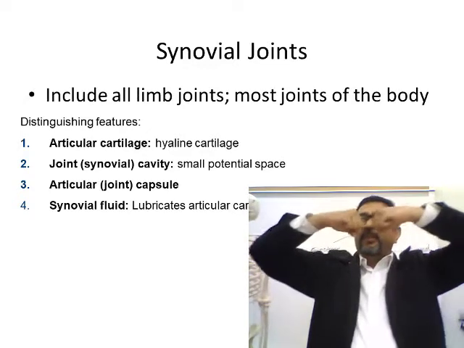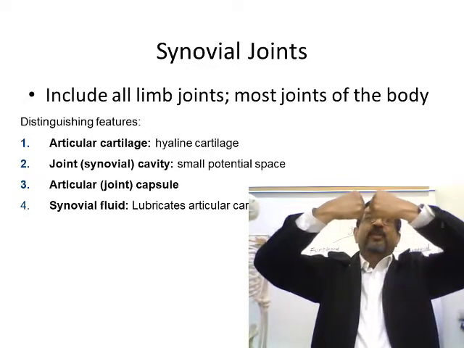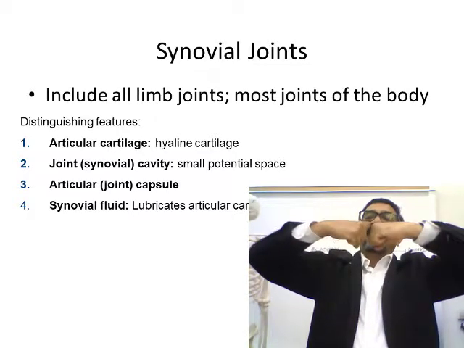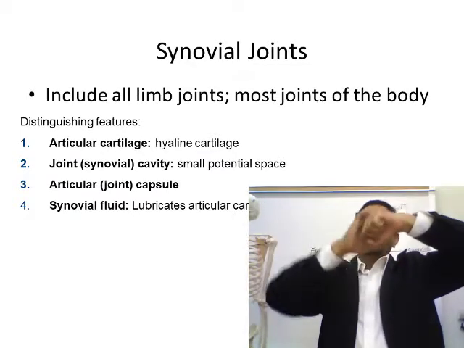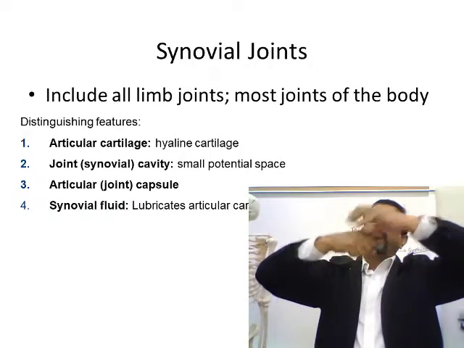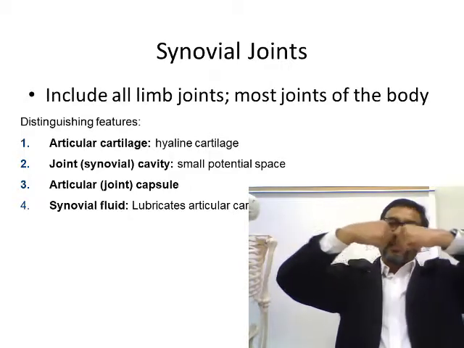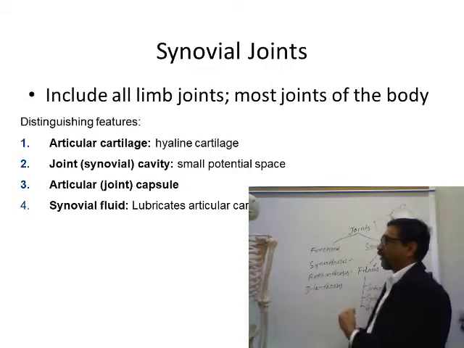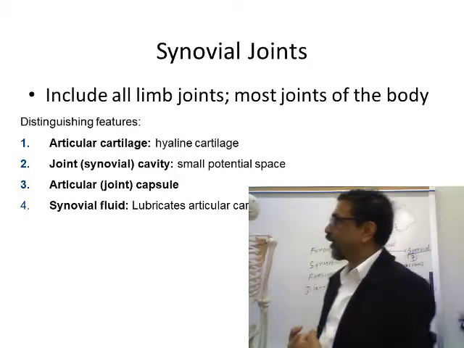For example, look at me, this is a joint. So these 2 bones, this is one bone, this is another bone, meet here, and the ends of the bones that form the joint are covered by hyaline cartilage, and that is called the articular cartilage. Okay, so that is one structure present in synovial.